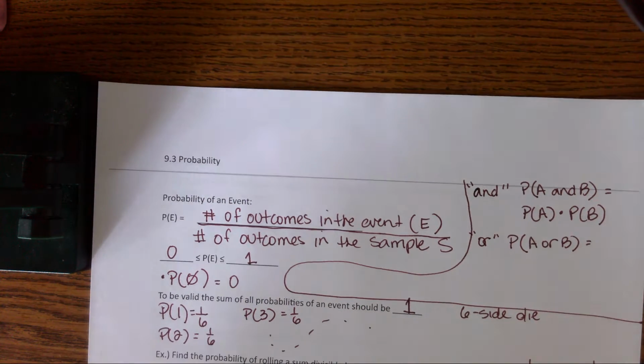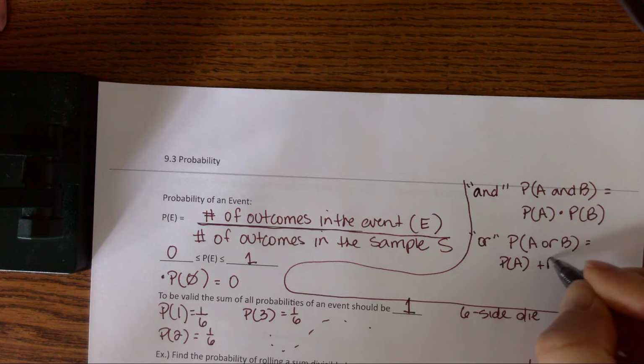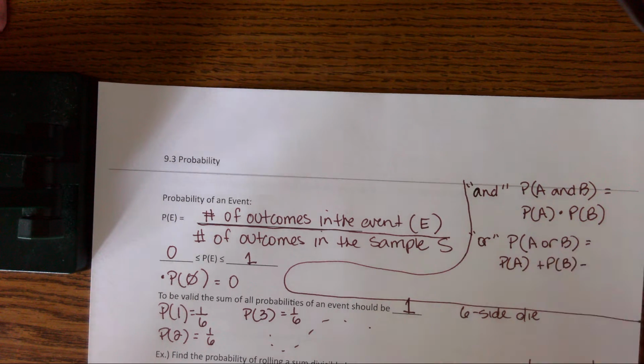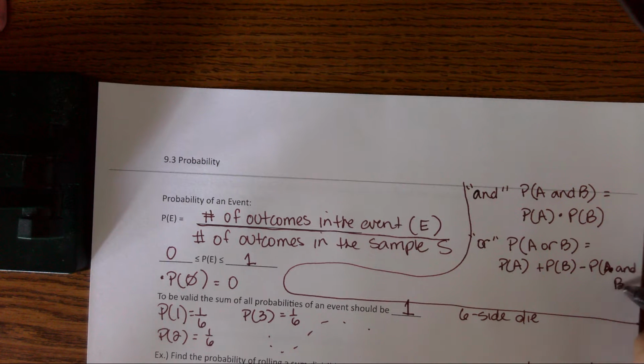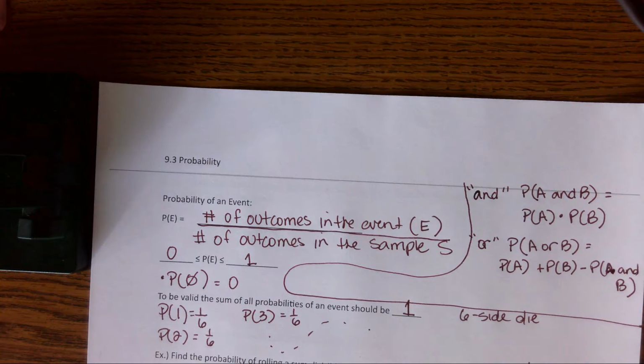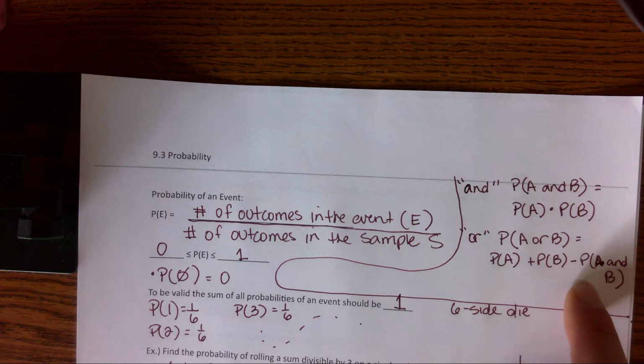Then it's the probability of A plus the probability of B minus their overlap. Okay, I'm going to write that and then I'm going to show you what overlap means, okay?